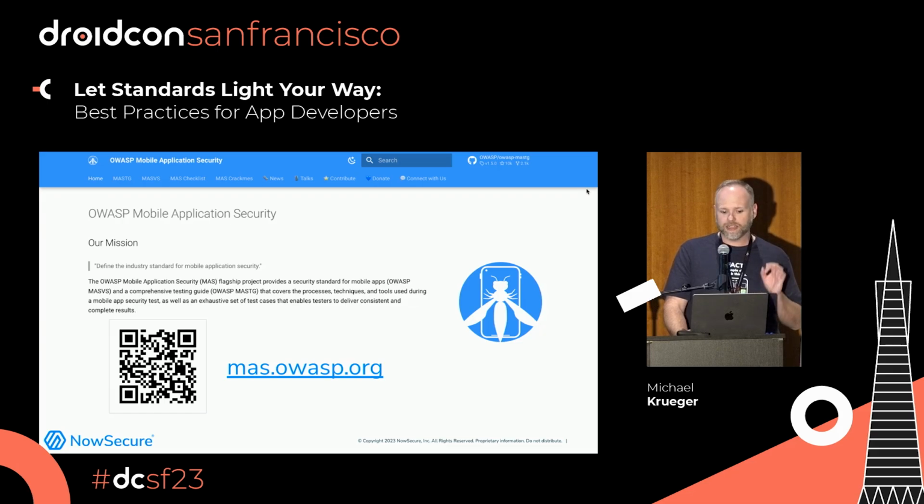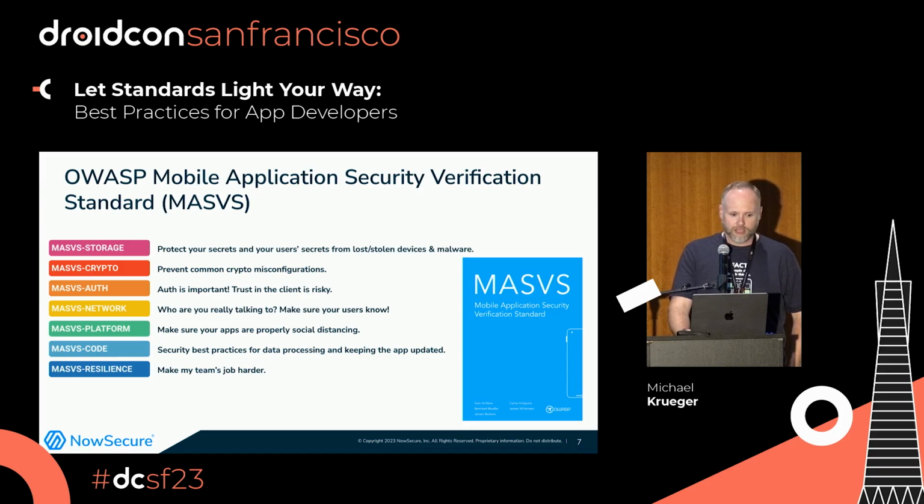Security, security, security. But guess what? It's not just for security practitioners. So a little bit about OWASP and what they've developed. They've developed the Mobile Application Security Verification Standard, or MAS-VS. They've divided this standard into multiple different controls and different categories.